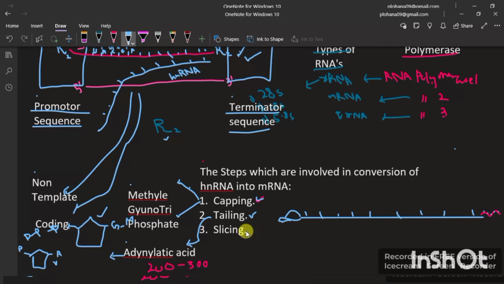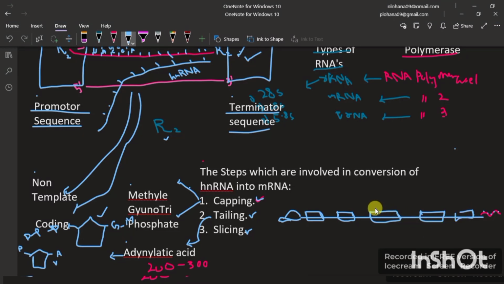Now the very important process is what? It is splicing. Alright, now we have to cut the unimportant parts. Suppose this is coding for something, again this is coding for something, this is coding for something, this too, and this as well.